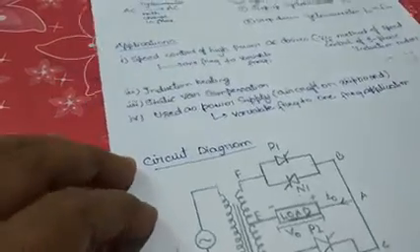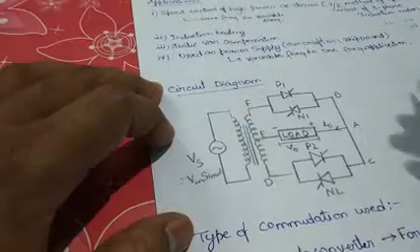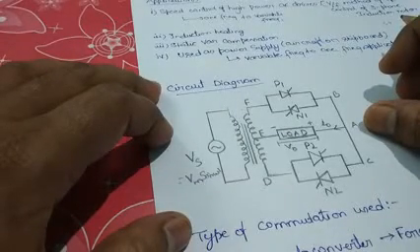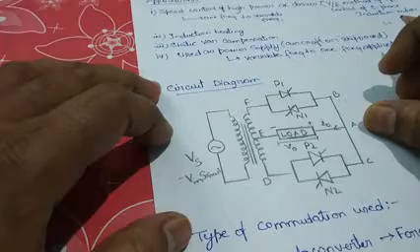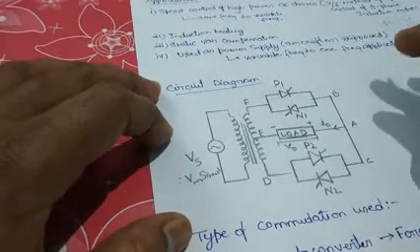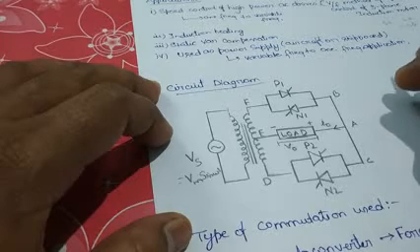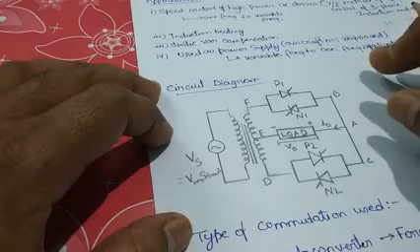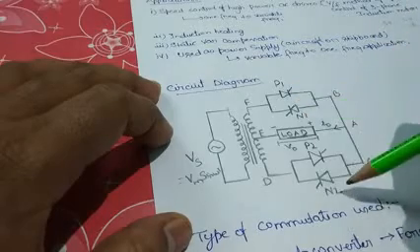Okay, so here we see that this circuit can be used both as a step up cyclo converter and a step down cyclo converter. The same circuit can be used for both, but the difference will be in the switching. Okay, different switches. These are all 4 switches.